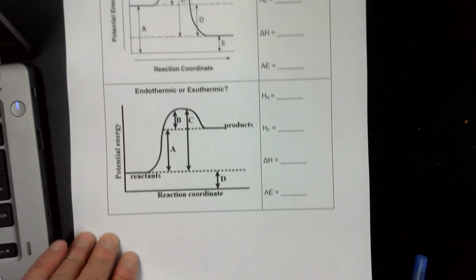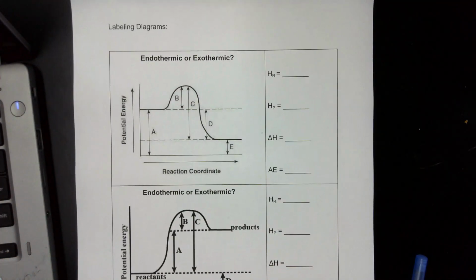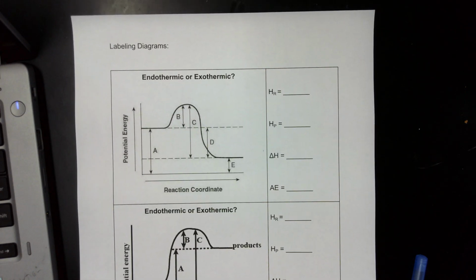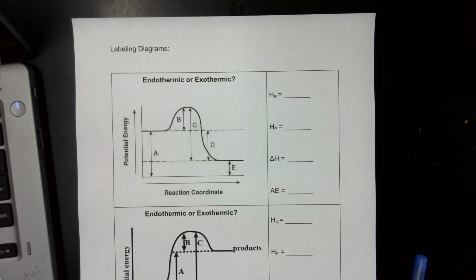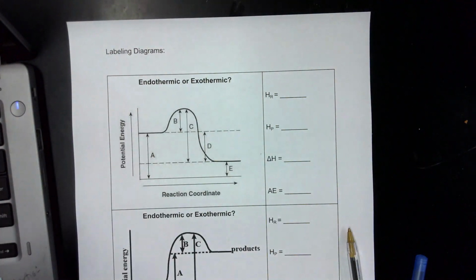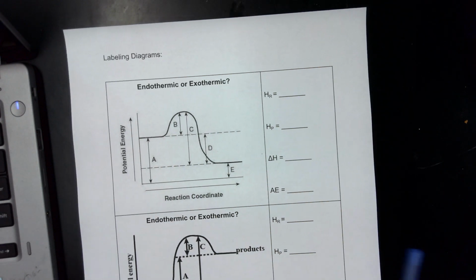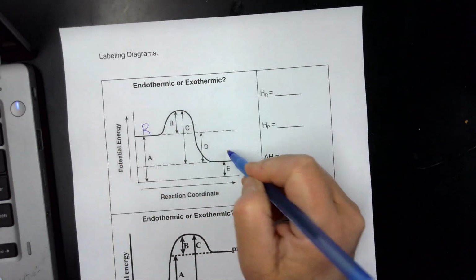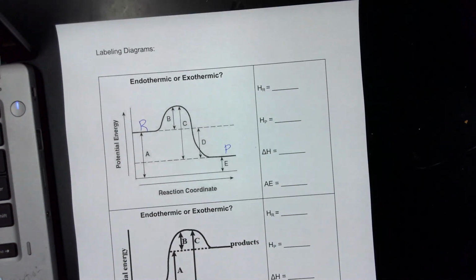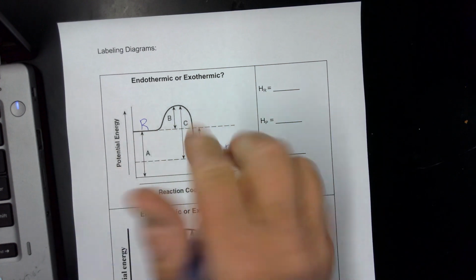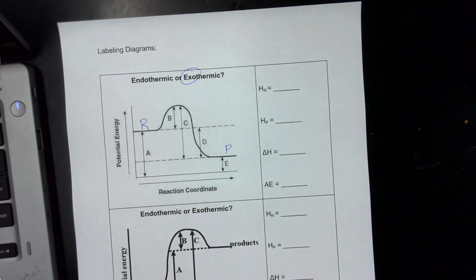All right, let's take a look at an unlabeled diagram, and we have to attach the labels to it. First things first, we have two graphs here. First thing to decide is whether it is endothermic or exothermic. Let's start by recognizing this is where our reactants are, this is where our products are. Reactants higher, products lower, that has to be exothermic.